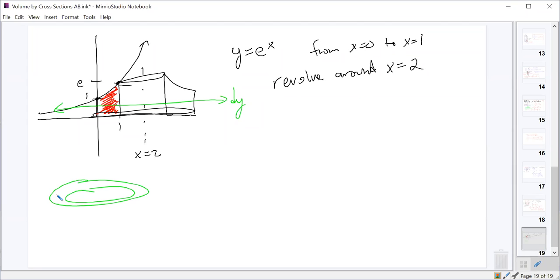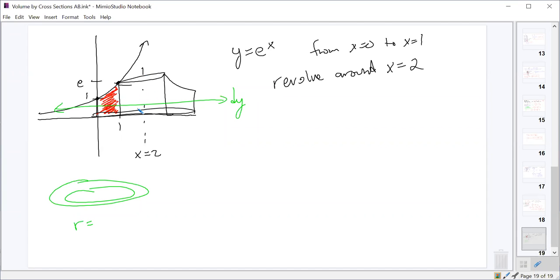Now, second question is, when we look for the inner radius, is there always one specific function that bounds the right-hand portion of this region, right? Because the line we're revolving around is to the right of our region.